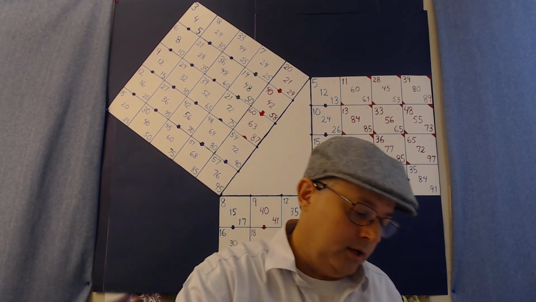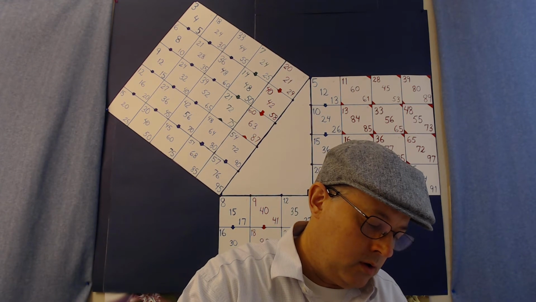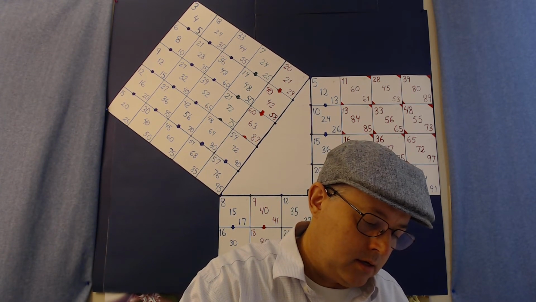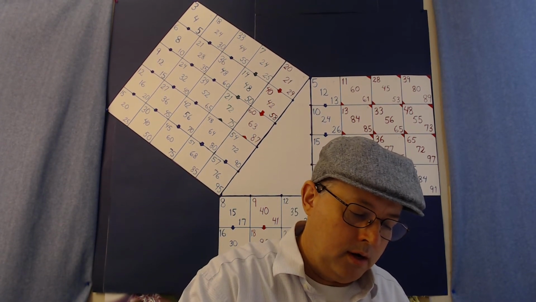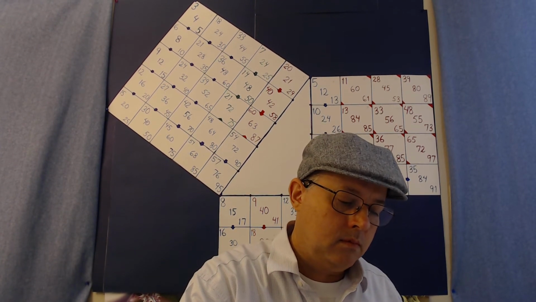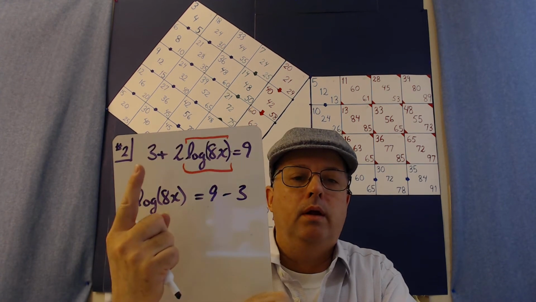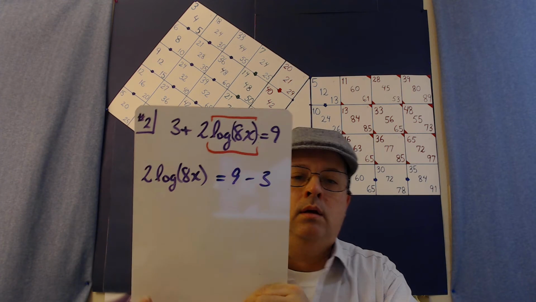So we're going to say 2 log of 8x equals 9 minus 3. Okay, so we move the 3 to the other side of the equation, and then we got 6 here. 9 minus 3 is 6.